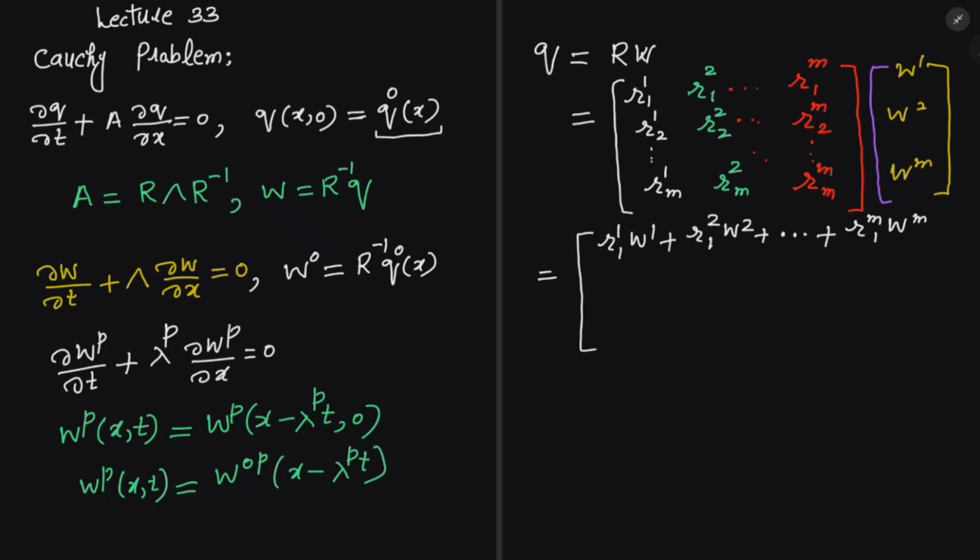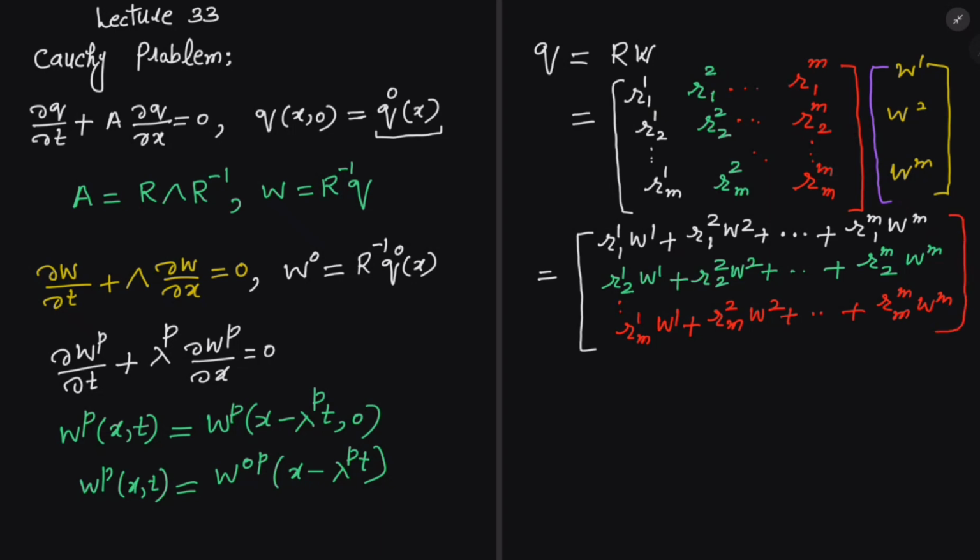Similarly, from the second row, we have R12 w1 plus R22 w2 plus up to Rm2 wm. And the last one is R1m w1 plus R2m w2 plus up to Rmm wm. Okay, you got this point.